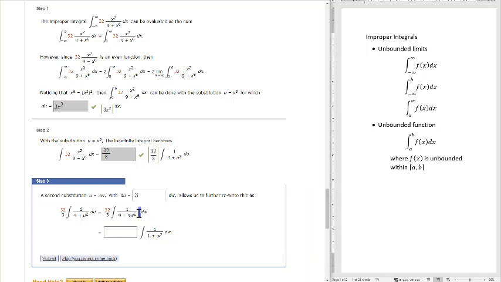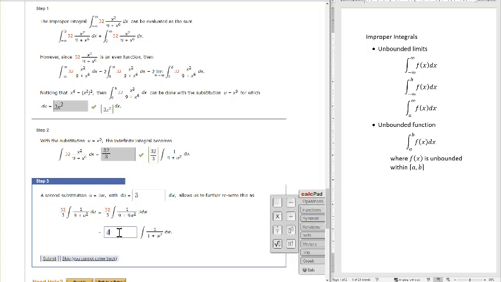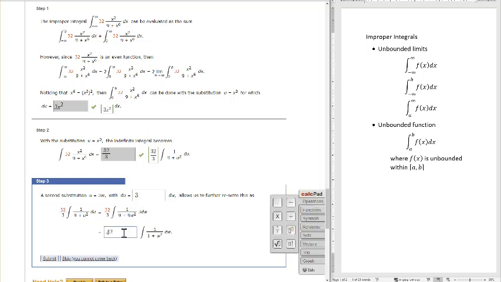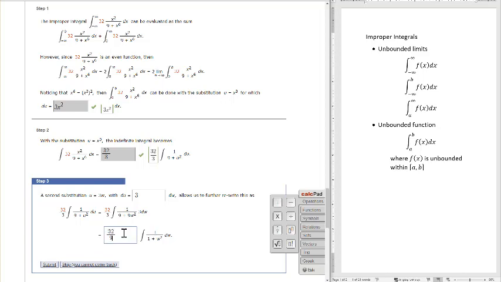And so the 3 in the numerator and the 3 in the denominator would cancel, and that would just give us a 32. Actually, we also need to factor out a 9 in the denominator. So after the 3's cancel, we factor out a 9. So it looks like we're going to get 32 over 9 as a constant out in front.